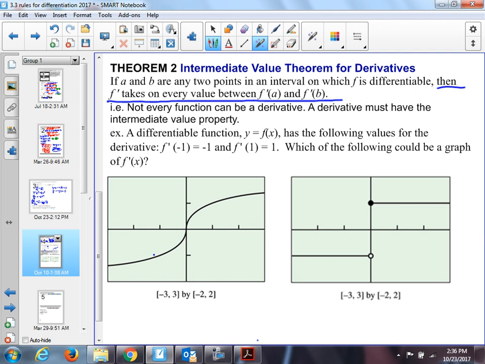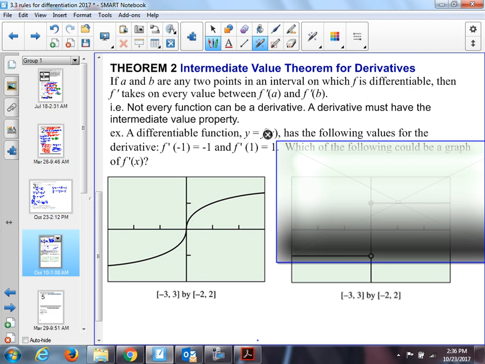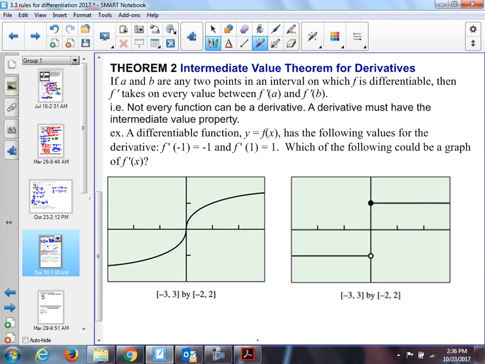Now, in between here and here, does the derivative take on every value in between? Yes. So does it take on every value in between here and here? Nope. Okay. This one cannot be a derivative because it's not a continuous function. It jumps. This could be.